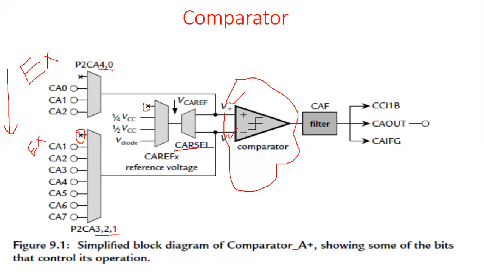One signal is not used, and the remaining three are 1 by 4 VCC, 1 by 2 VCC, and V diode. V diode means diode cut-in voltage. How much? 0.7 volts for silicon, and 0.3 volts for germanium. So these signals are applied either at the non-inverting terminal or inverting terminal. That is called the comparator reference voltage. We have to apply these three signals.